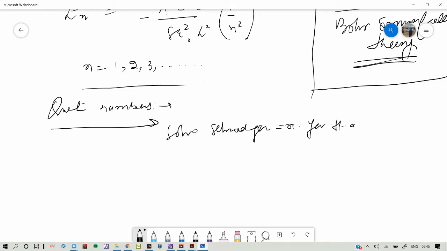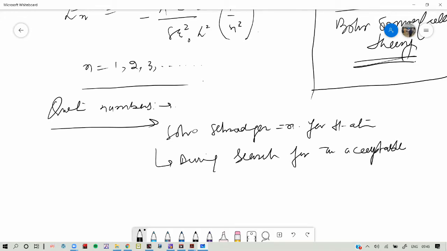These quantum numbers arise during the search for an acceptable solution of Schrodinger's wave equation.